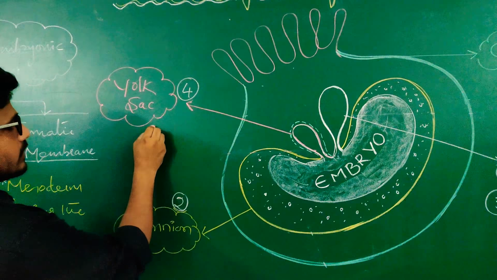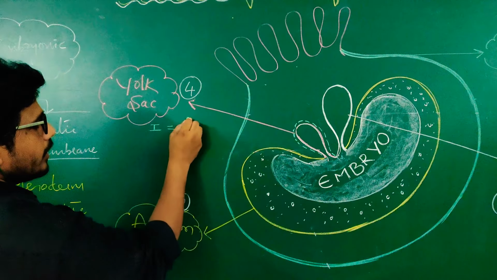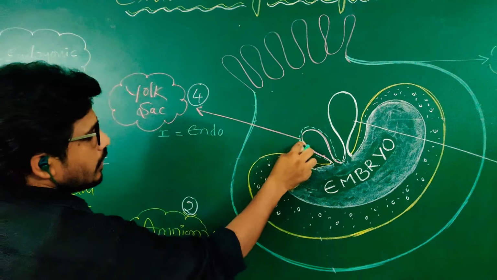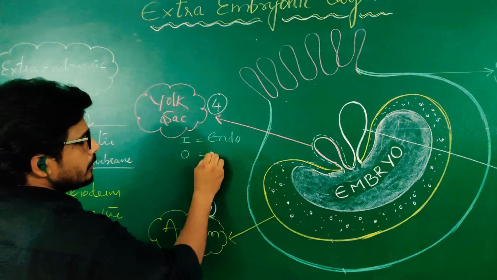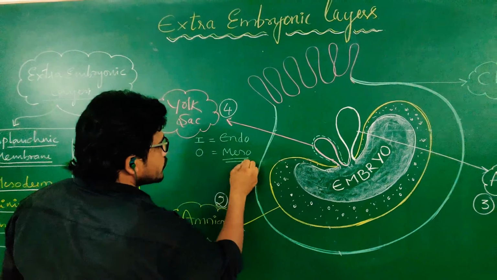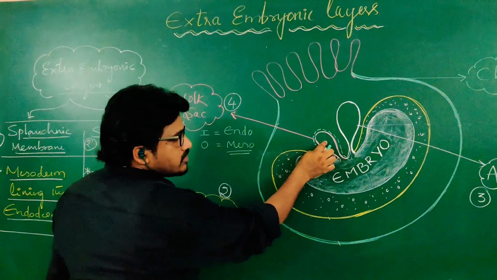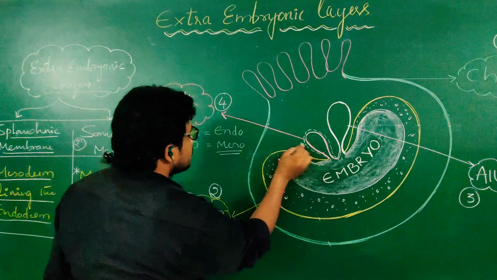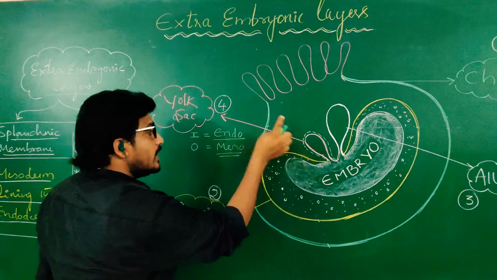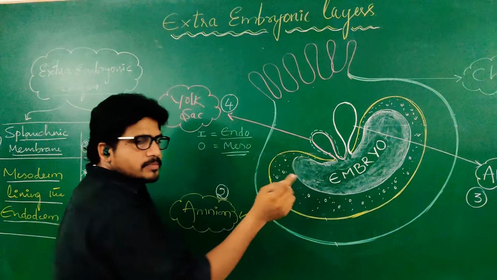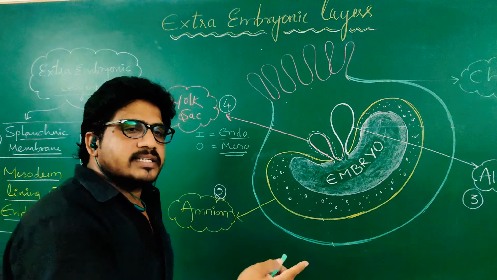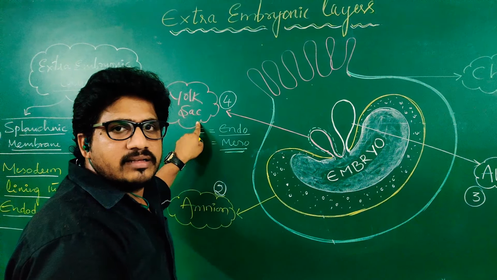So in the yolk sac, inner endoderm, outer mesoderm. So mesoderm is lining the endoderm. I repeat, in the yolk sac structure, endoderm is present inside. That is covered by mesoderm. Means mesoderm is present outside or inside in the structure of the yolk sac?